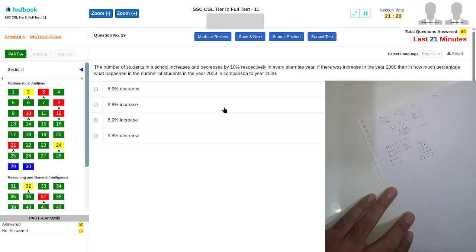0.80. So that's going to be 0 no minus 1.